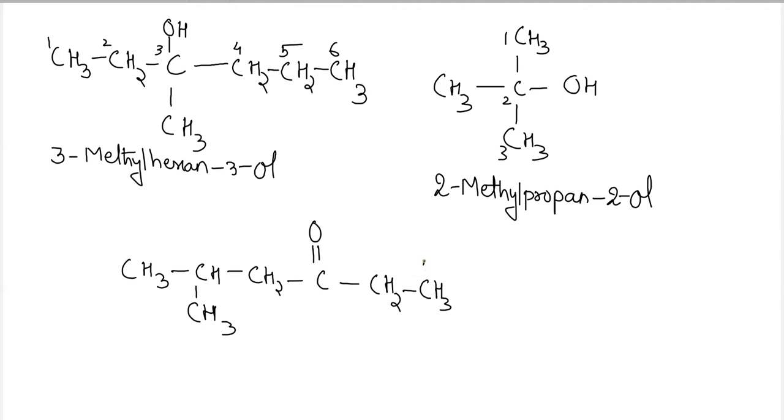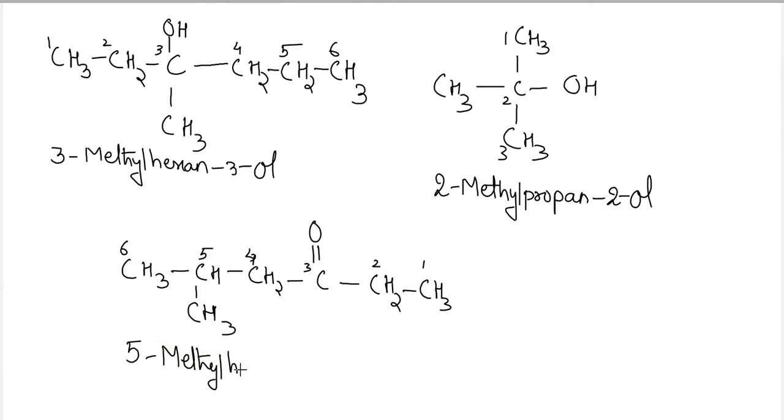So for finding out the longest chain, 1 2 3, the numbering we will start from the right hand side in order to give the smallest number to the carbon atom. So 1 2 3 4 5 6, 6 carbon atoms is the longest chain here, and in that the functional group is also included. Now the fifth carbon atom contains a substituent group which is methyl.